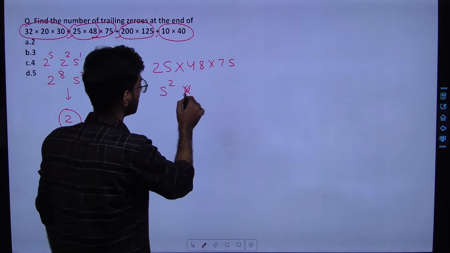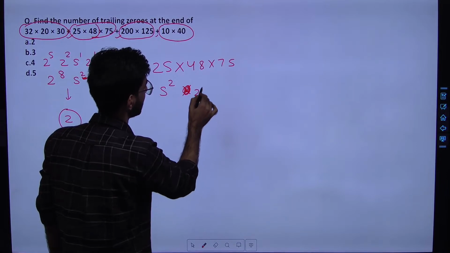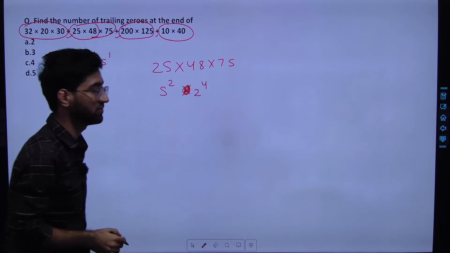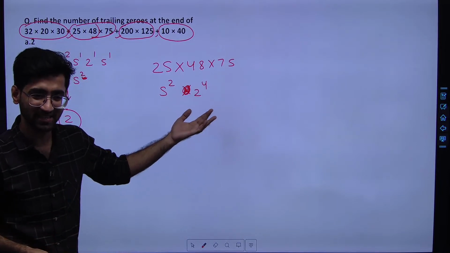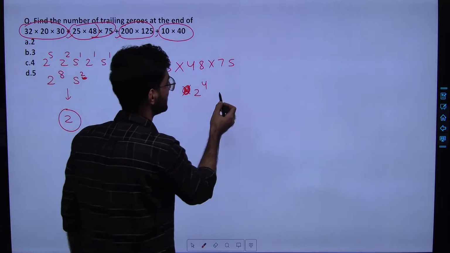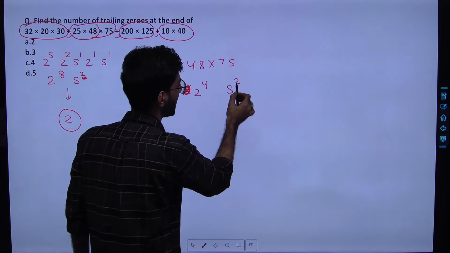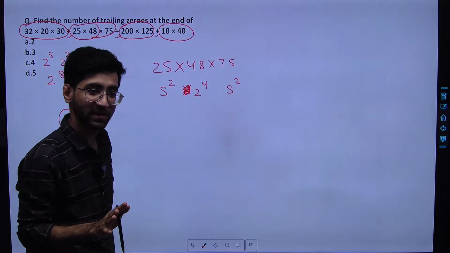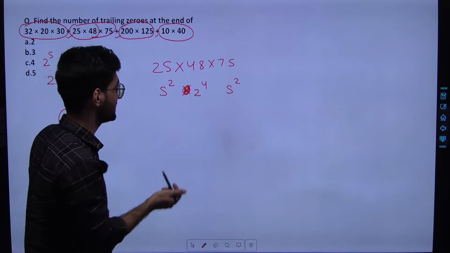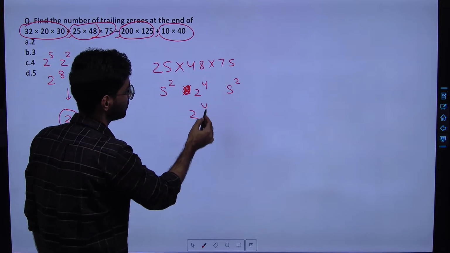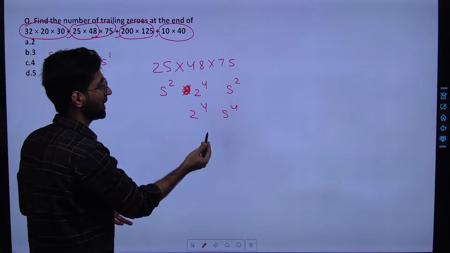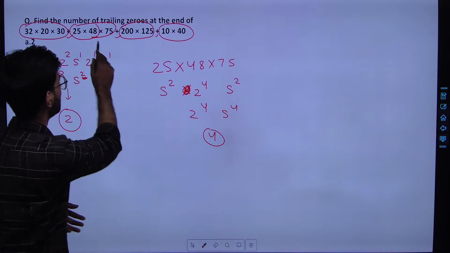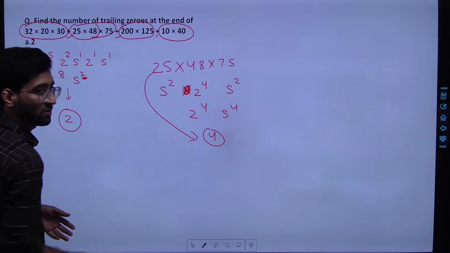Let us skip writing the 3, it will waste our time. And in 75, 5 to the power 2 into 3 to the power 1, but we will not write 3. So the power of 2 is 4, and the power of 5 is 4. Both powers are same, so the number of trailing zeros in this part is equal to 4.